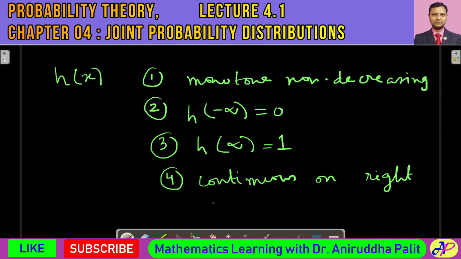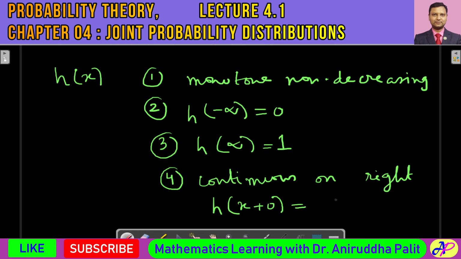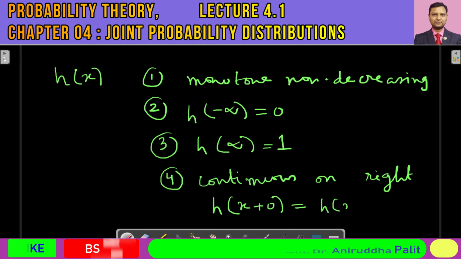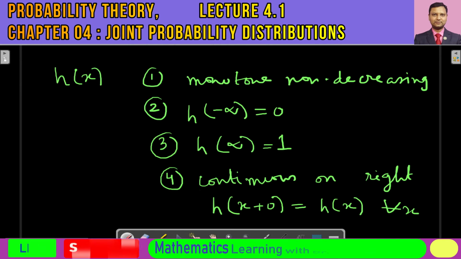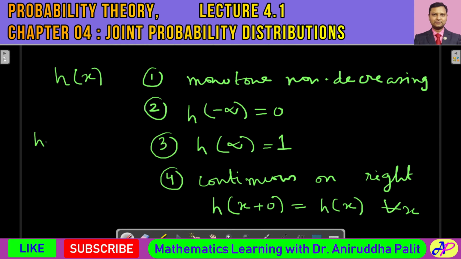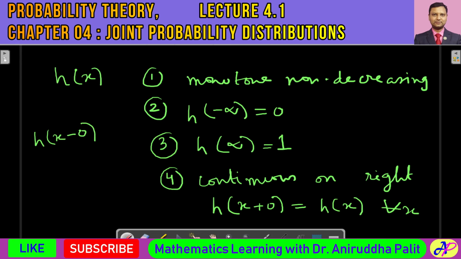What does it mean? It means that h of x plus 0, the right limit, is equal to h of x for all values of x. That is the right continuity. It may have certain left discontinuity, which means that at a certain point h of x minus 0 may not be equal to h of x.